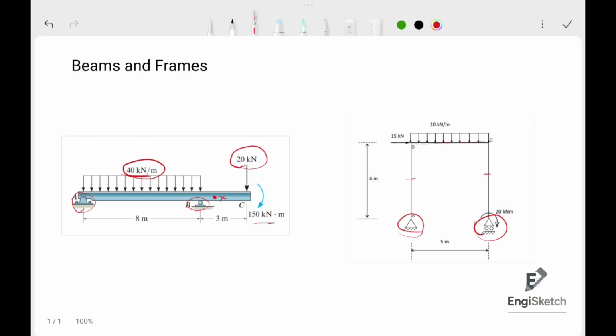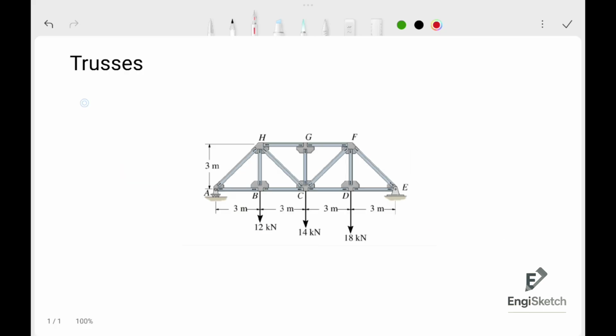Yes. Okay. The third point is the trusses. It's very important to know what the truss structure is and what's the difference between the normal structure and the trusses, and where to see the trusses. The trusses are in general common in bridges and communication towers.